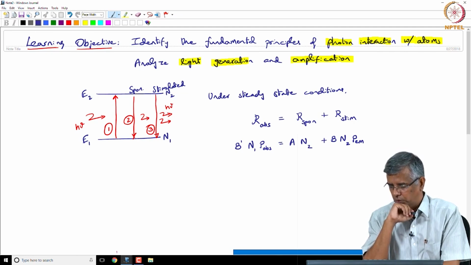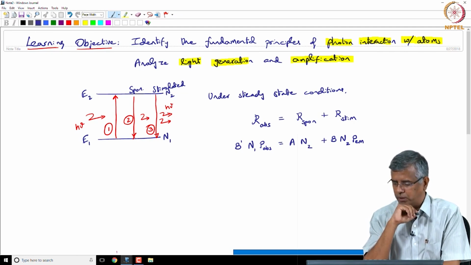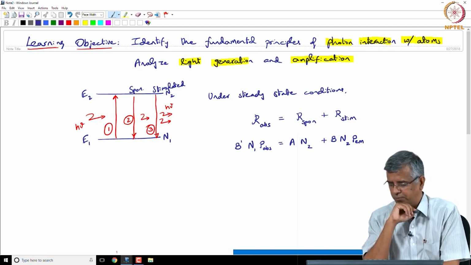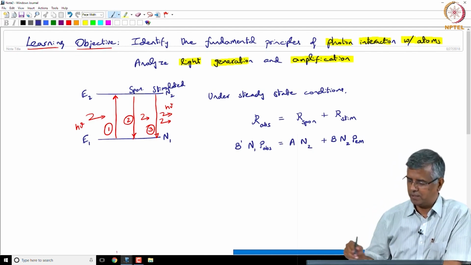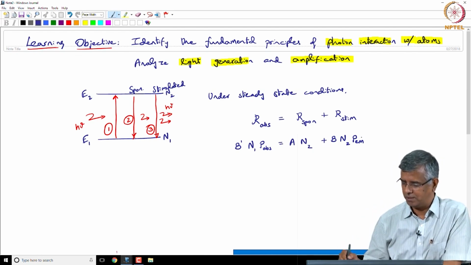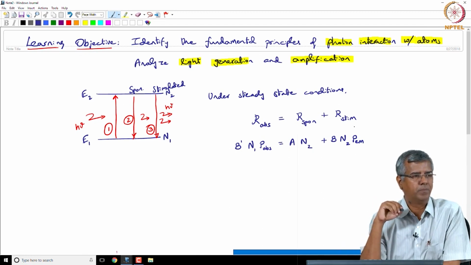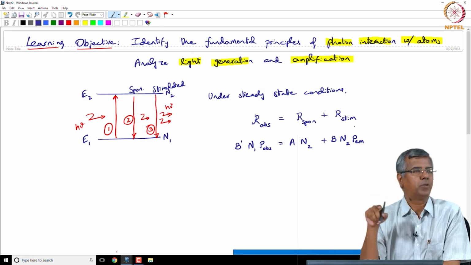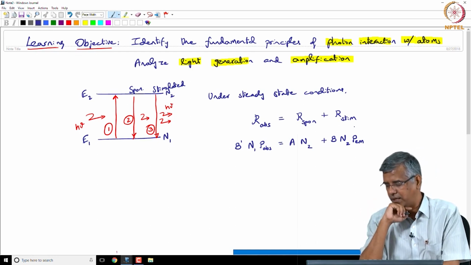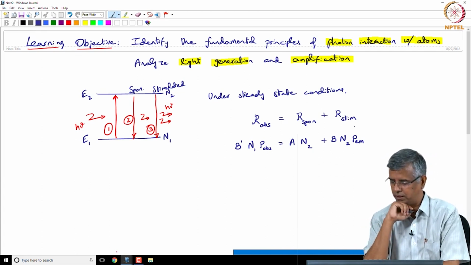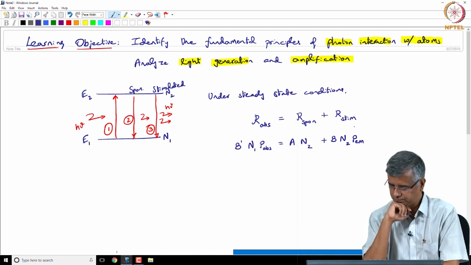Now, what is essentially different between the spontaneous and stimulated process is that P EM, the probability density of emission, actually depends on the probability that a photon comes by. So, that actually determines what that P EM is.